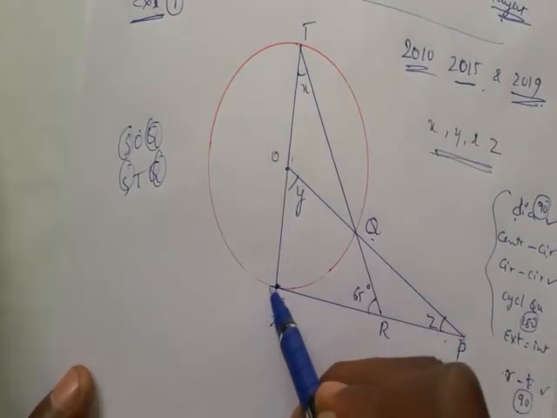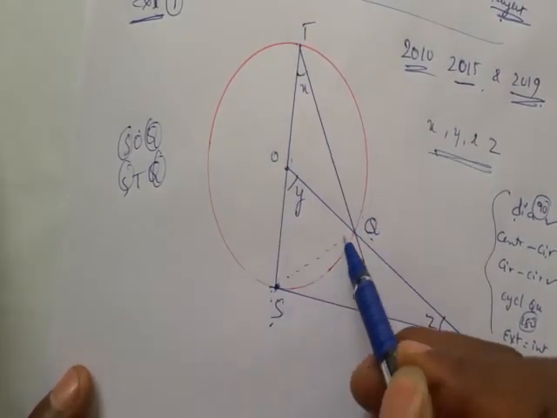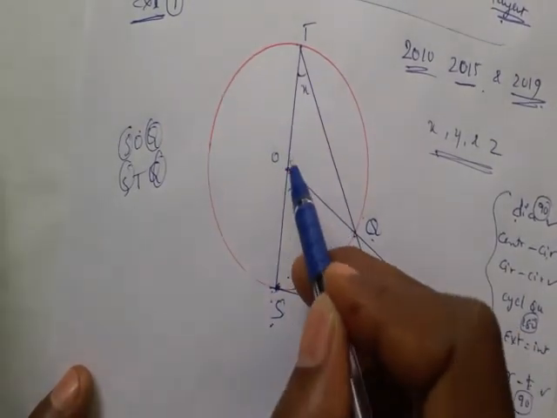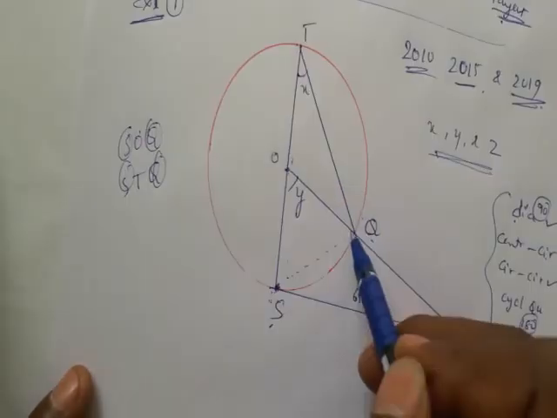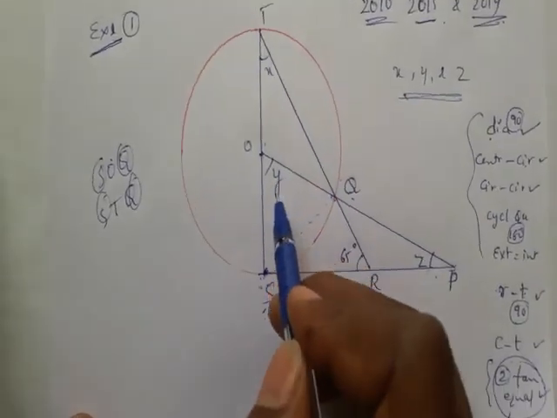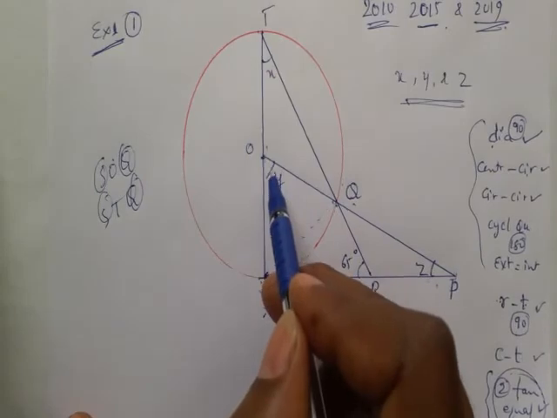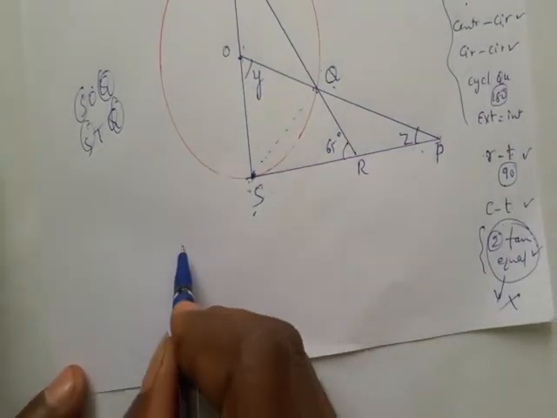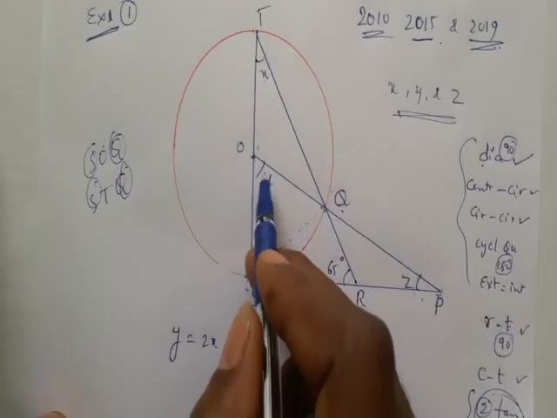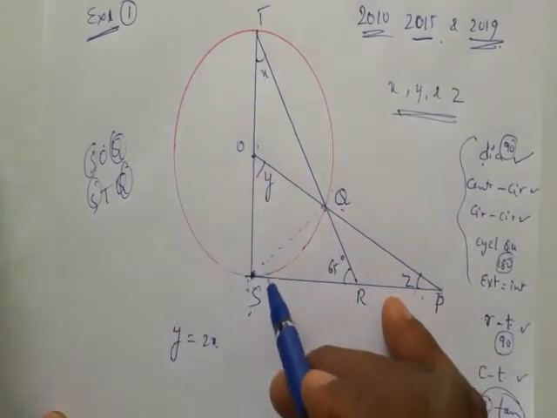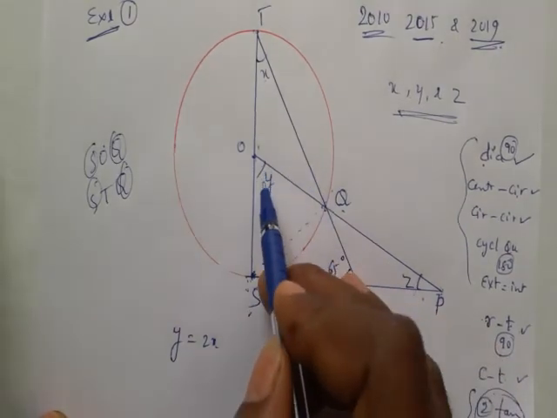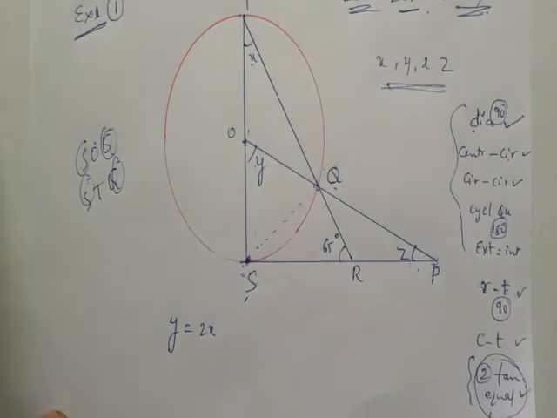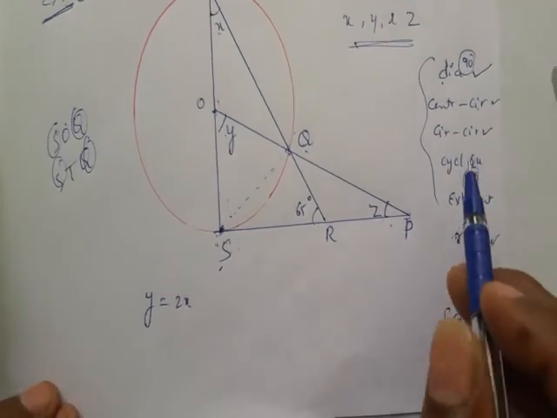SOQ is drawn at center from S and Q, STQ at circumference. So from the diagram it is sure that this center angle is double of this. That means y is equal to 2x. Y is angle at the center, x is angle at the circumference, both drawn from S and Q. Therefore angle y is 2 times angle x. But both angles are unknown. What to do? Okay, we'll go forward.